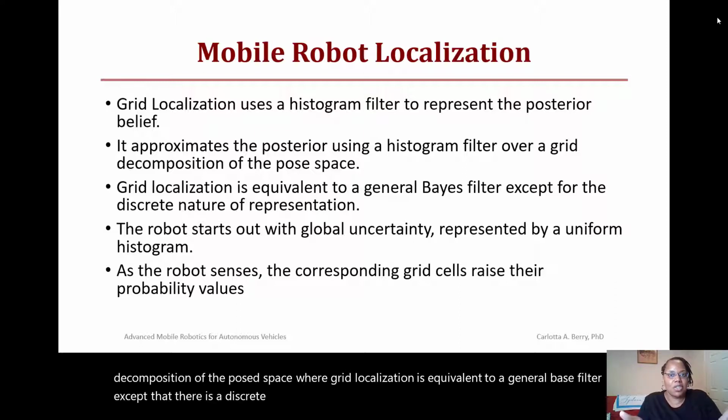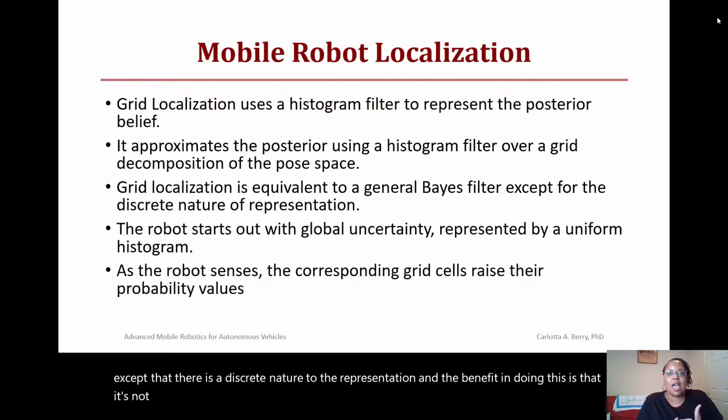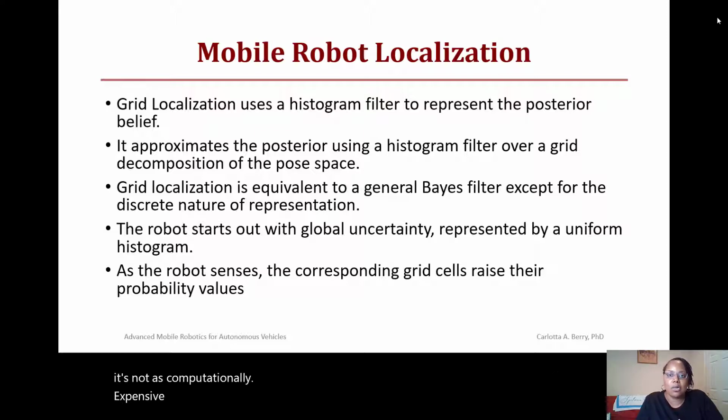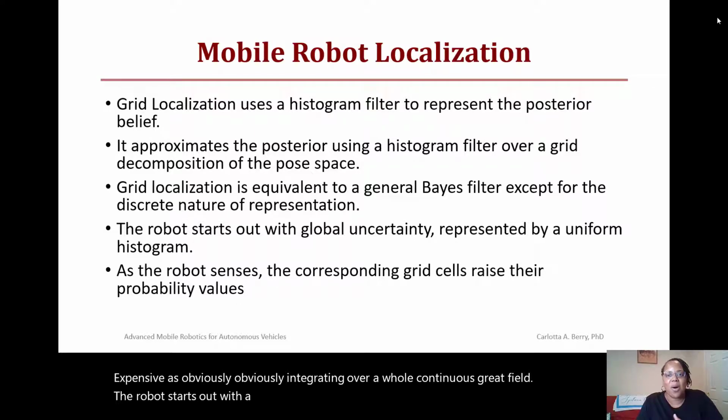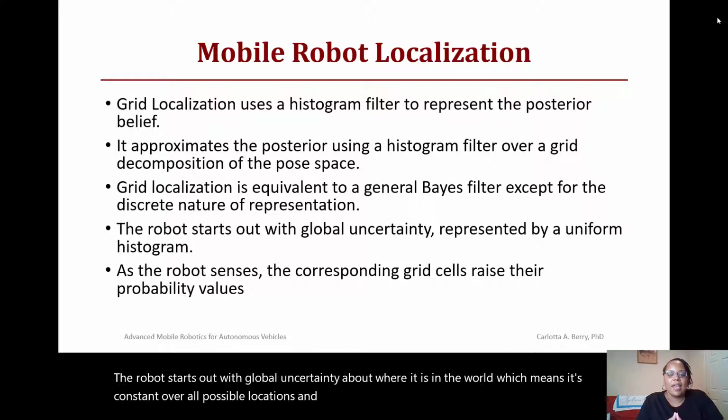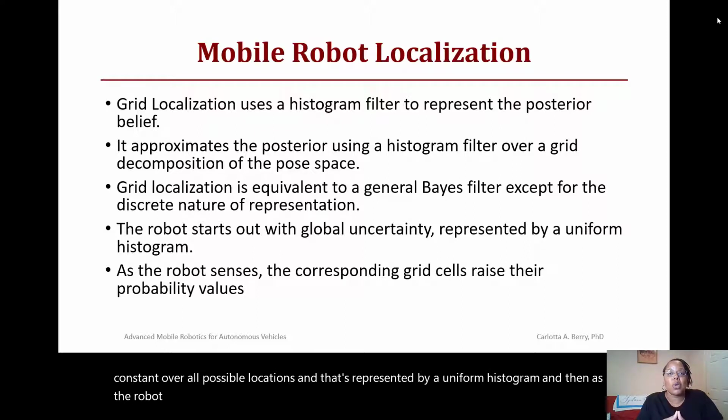The benefit in doing this is that it's not as computationally expensive as integrating over a whole continuous field. The robot starts out with a global uncertainty about where it is in the world, which means it's constant over all possible locations, and that's represented by a uniform histogram. Then as the robot senses and moves, the corresponding grid cells raise their probability values based upon what the robot senses around it and what we know about the map of the world.